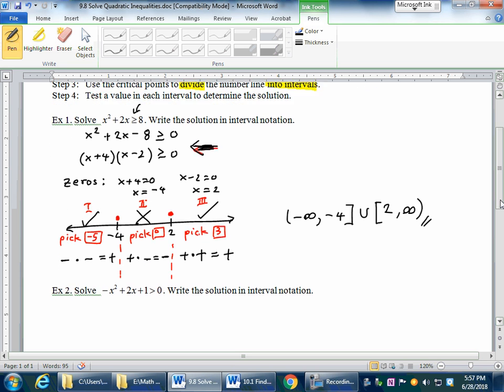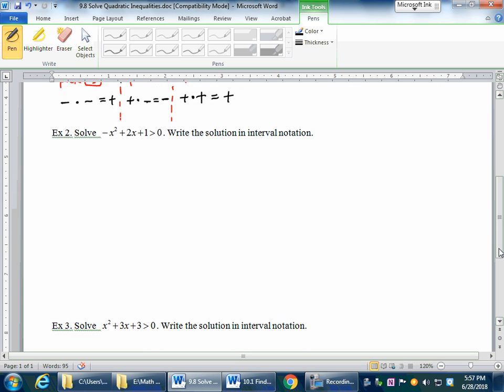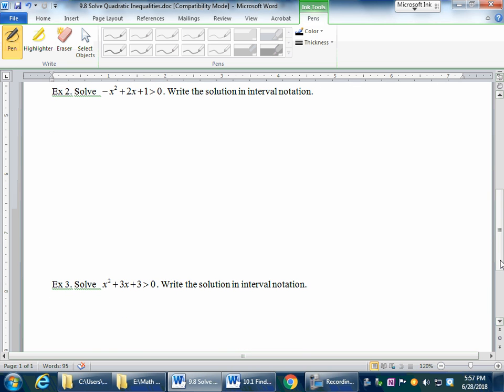Moving on to the next example. The good thing about this example is it's already put everything on one side and the other side is equal to 0. So let's factor it. First, I want to factor out the negative. This will become negative x squared minus 2x minus 1 is greater than 0.